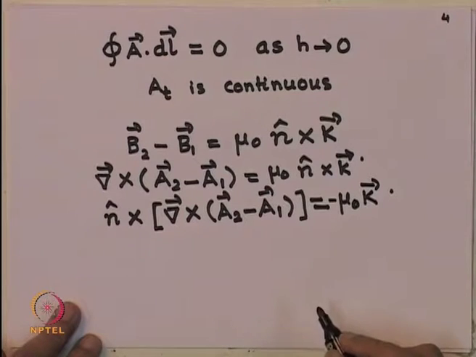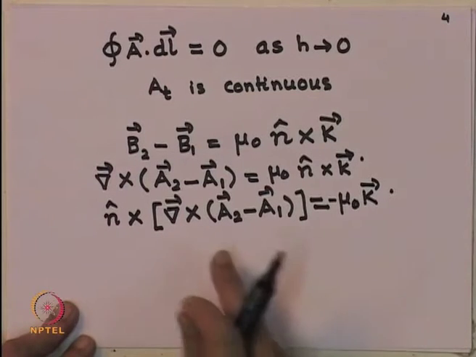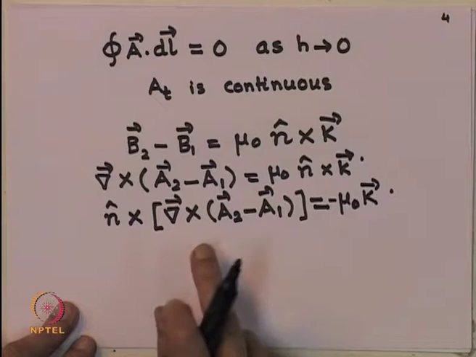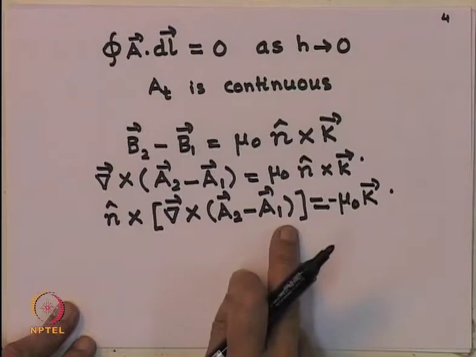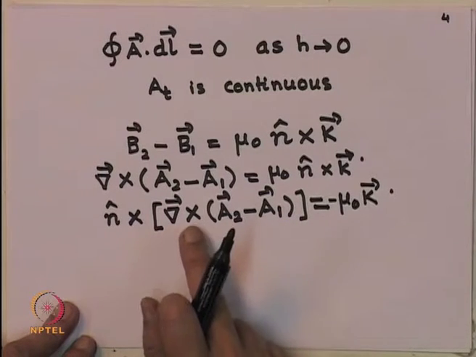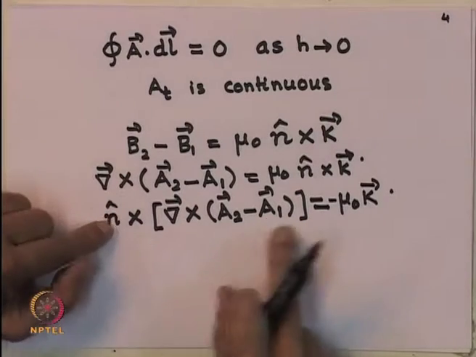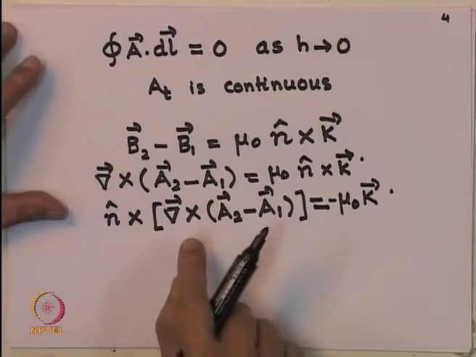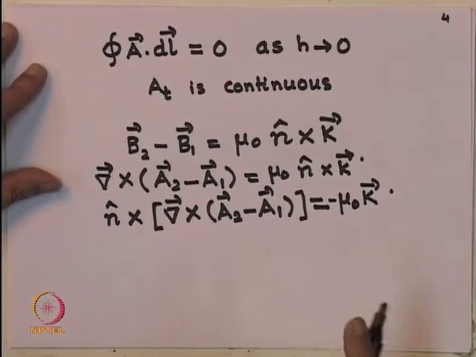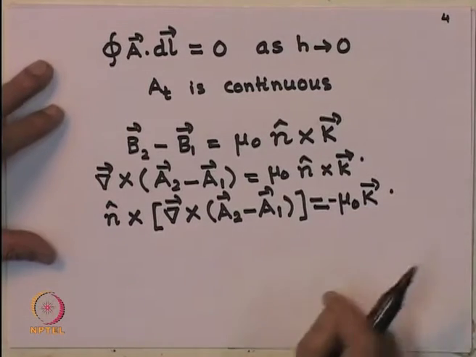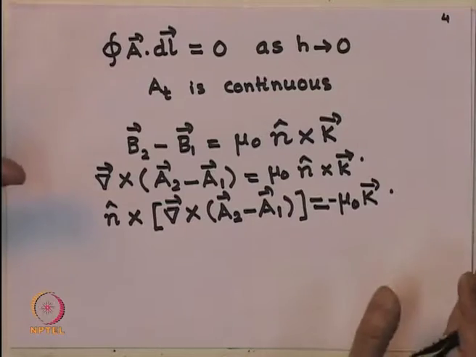Now, from this it is fairly simple to show that the normal derivative of A suffers a discontinuity. I am not going to explicitly prove it, but you could take this as an exercise. Basically what you do is this: we had shown that T, N and S are a right-handed coordinate system. They are like Cartesian coordinates. So, therefore, you can treat them like your x, y, z and expand this out.